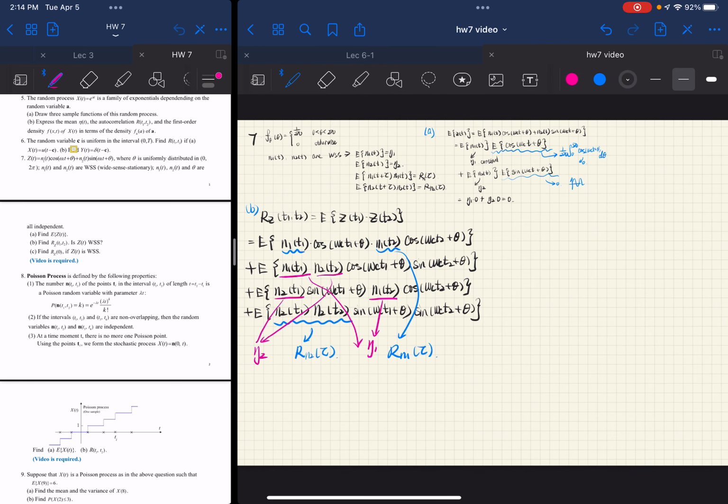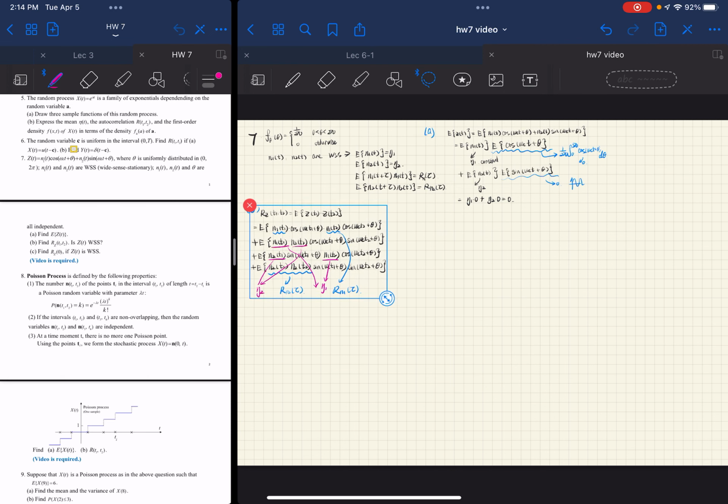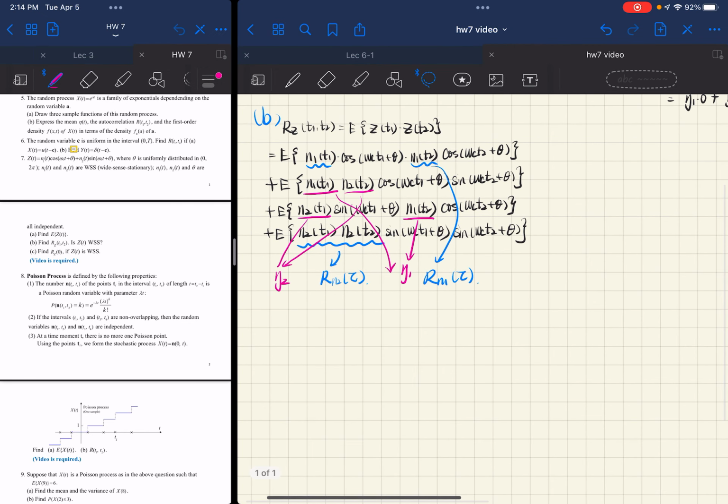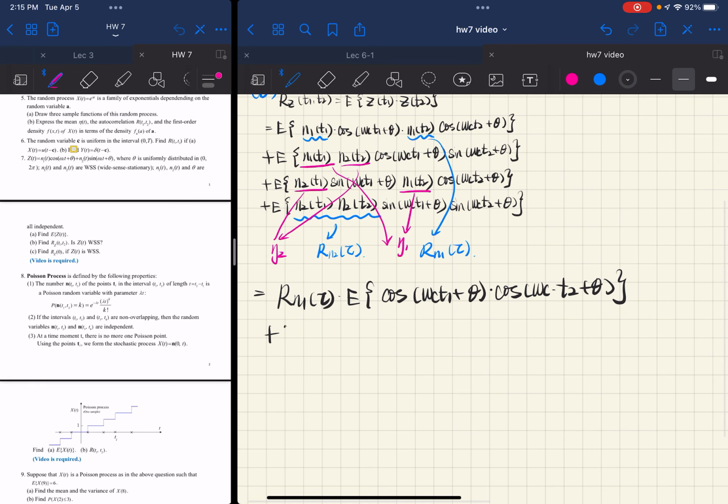Let me make this part smaller again. It is equal to R_n1(tau) times the expectation of cosine omega c t1 plus theta times cosine omega c t2 plus theta, plus the remaining terms.